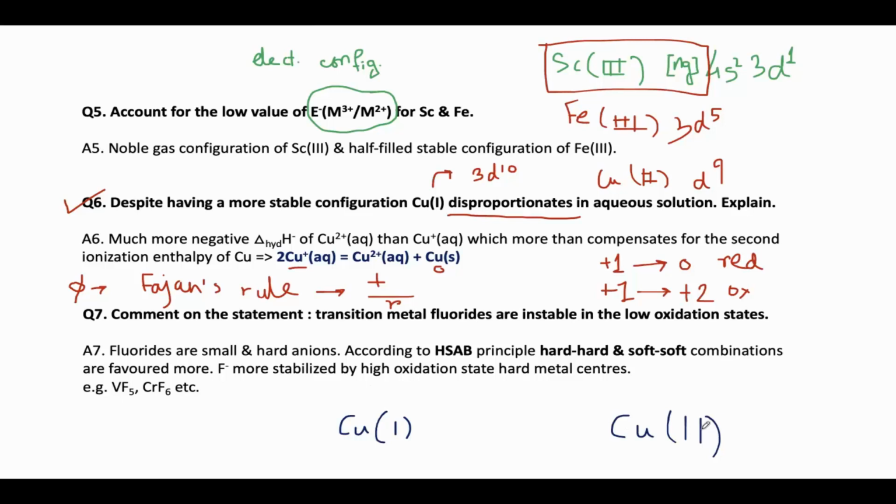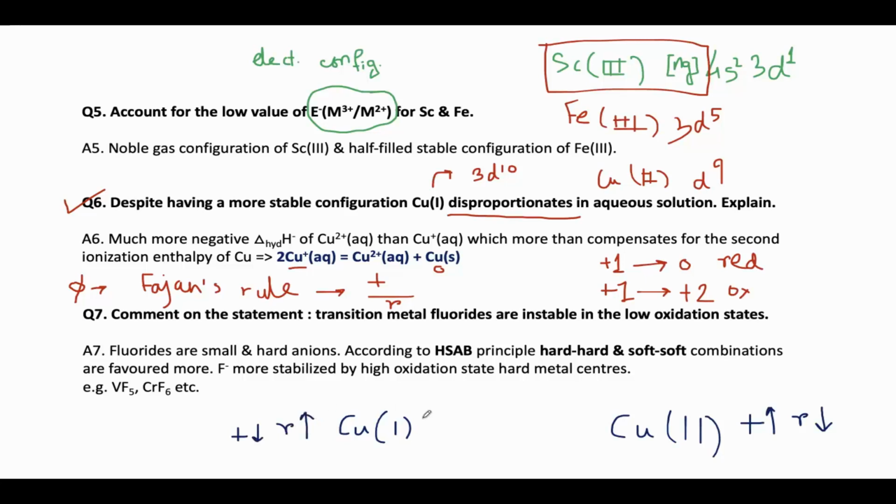That's why the electrons will be dragged more, and the size of Cu2+ is smaller than that of Cu+. So the charge of Cu2+ is high and the radius is low. But when we come to Cu+, the charge is less and the radius is higher.